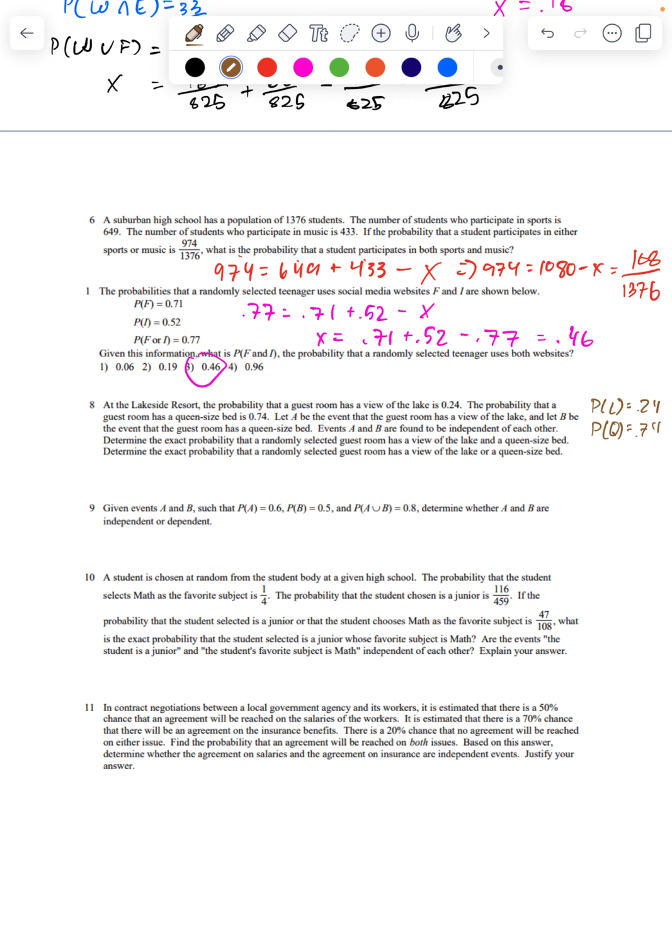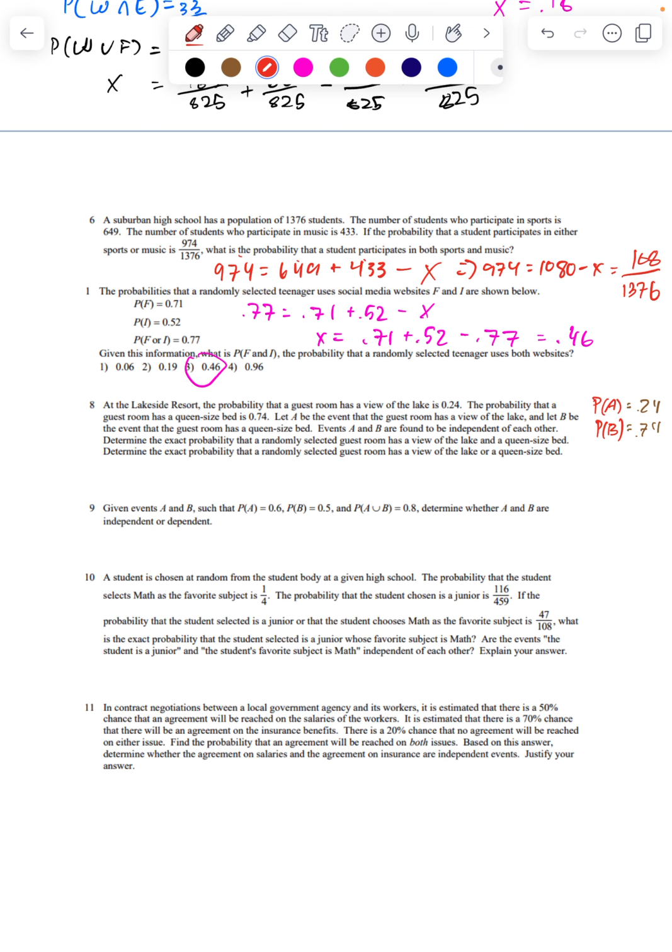Let A be the event of the view of the lake. So I should have kept reading that question. And let B be the event that is a queen size room. So this is P of A, this is P of B.